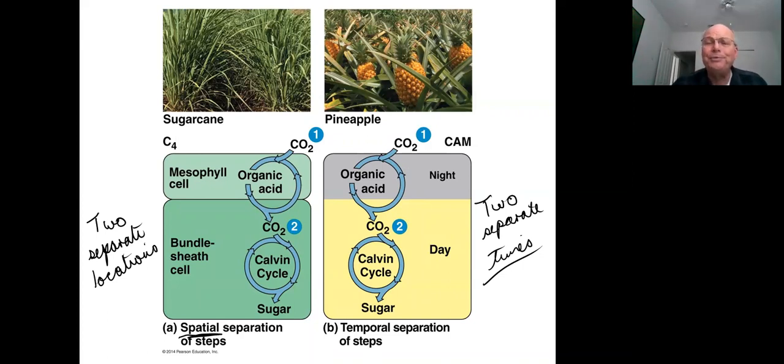And so pineapples, as part of this group, do not use their roots for extracting water and minerals out of the soil. They get their water by capturing it in the cup that's formed by the leaves, where you can see the pineapple sitting in the plant there. And they get their minerals in the rainwater and also in the dust from the air, at least the pineapple relatives do. Now, the pineapple as we know it is, again, a product of artificial breeding.